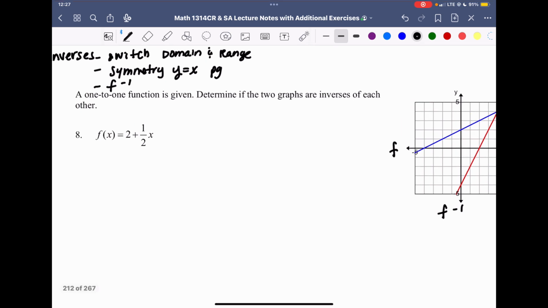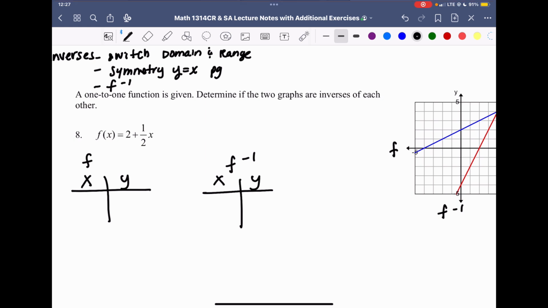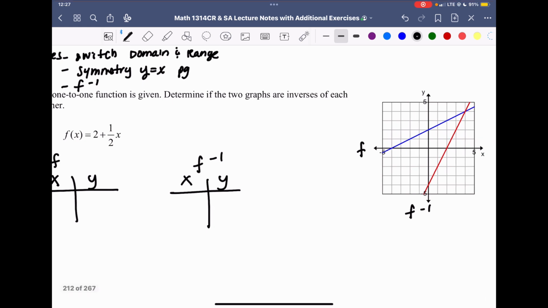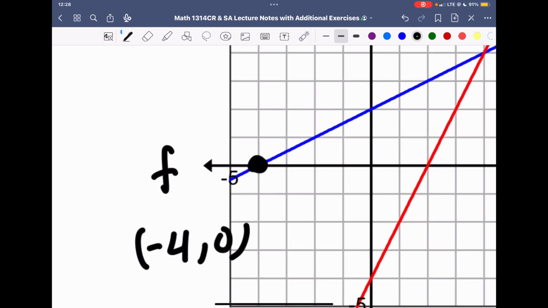So what you're going to do is make a table of points. So a table of f, a table of inverse points. Alright, so I have an x and a y. I have an x and a y. Let's go ahead and pick some points. So right here, I have -4, 0. You want to pick some points that are exact values.